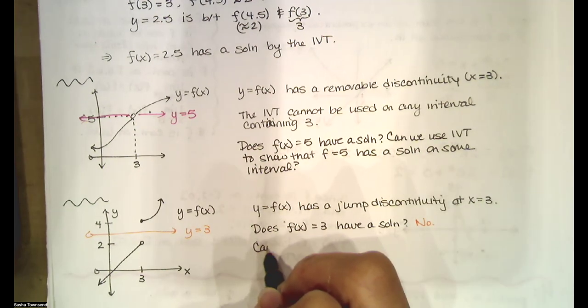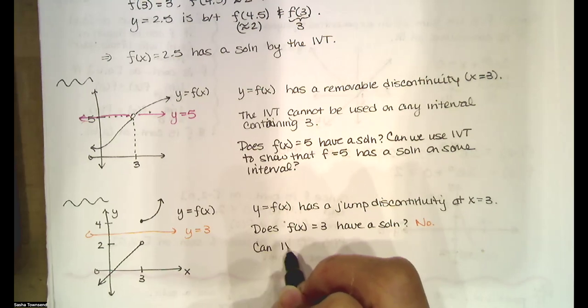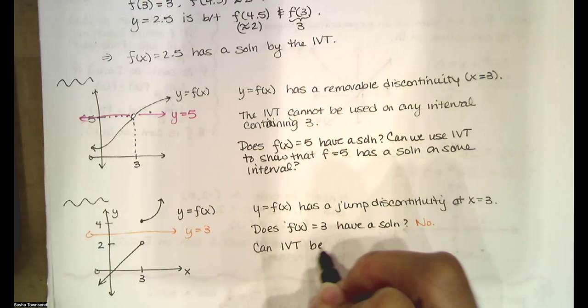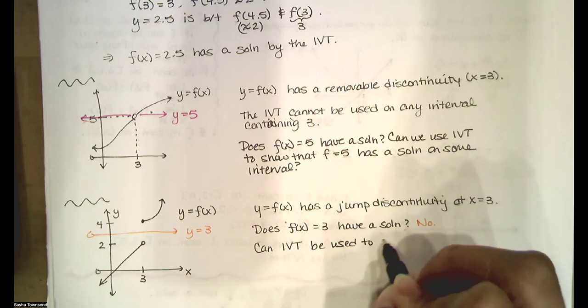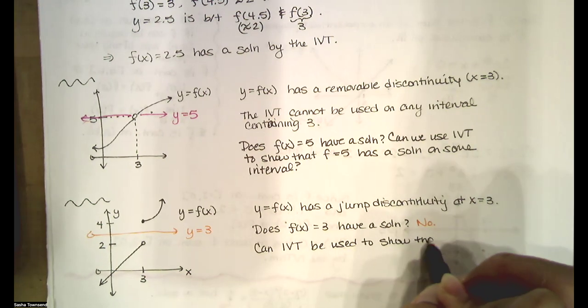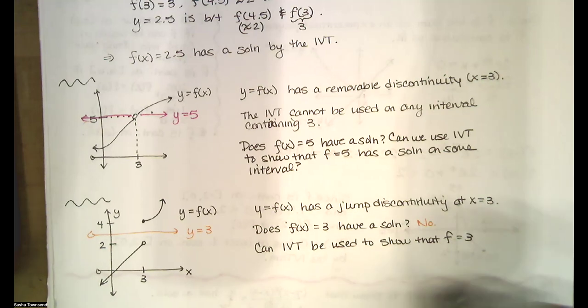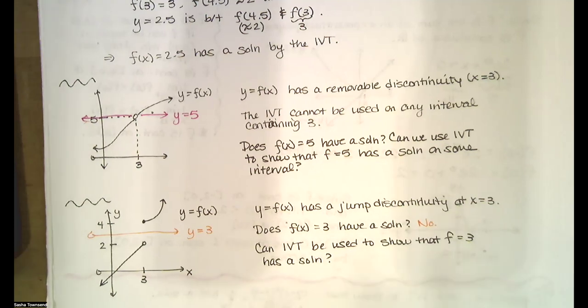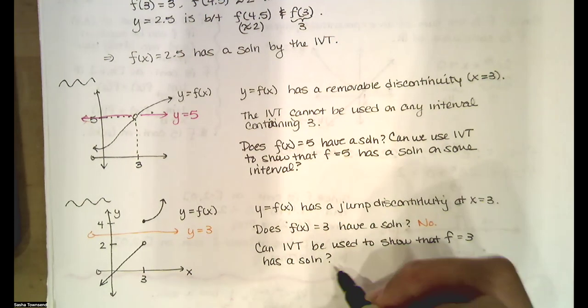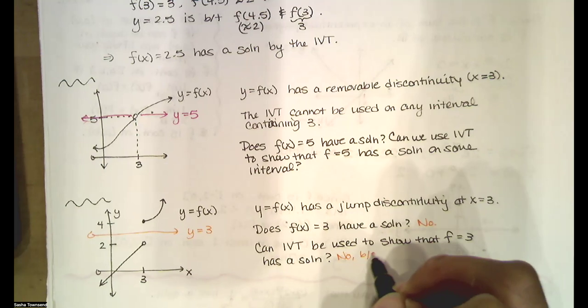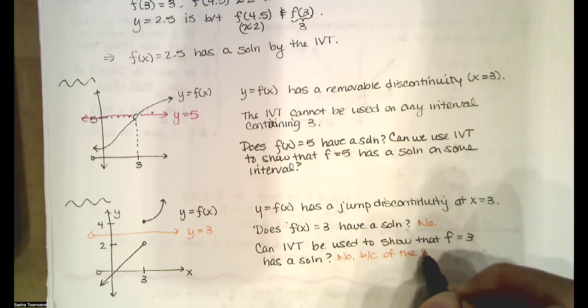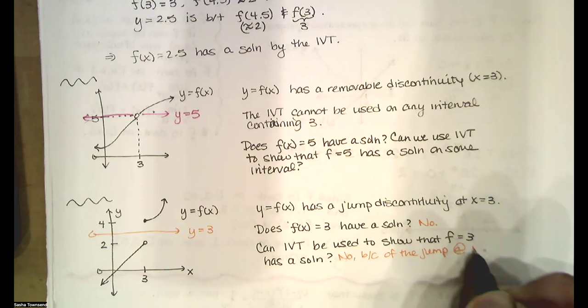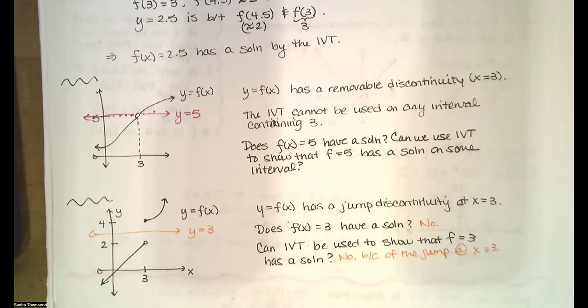And we might be asked, can the intermediate value theorem be used to show that f of x equals 3 has a solution? And we'll say no, because we have a jump discontinuity. Problem is we skip those y values between 2 and 4.